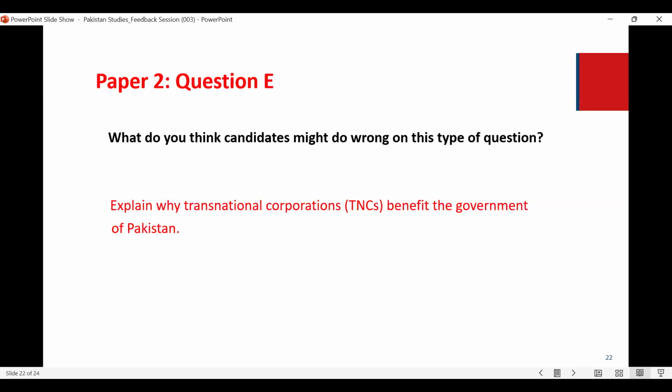But we've got levels here. So successful candidates need to be showing a thorough understanding. And they need to make sure that what they're saying is accurate and also relevant to the question. And then they need to be linking their answer to the question and developing it.